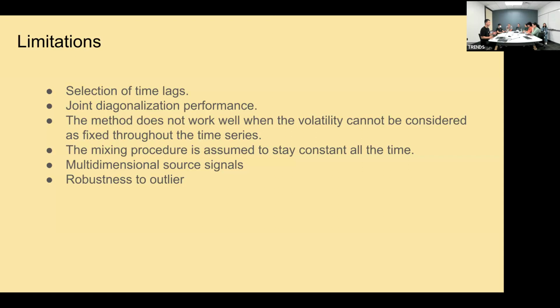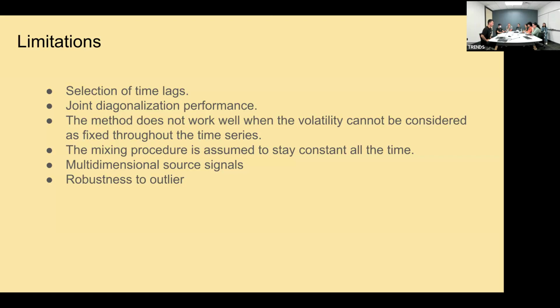And when you're doing joint diagonalization on a lot of these matrices, computational efficiency is still an issue. Also, the method is not good at some clustered signals, which have large clusters, and sometimes it will fail.